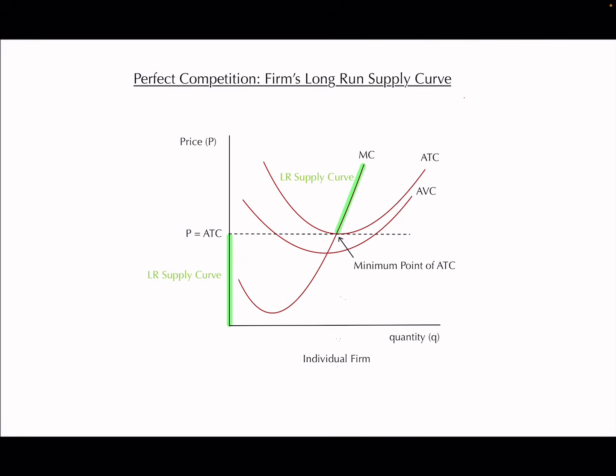We also know that profit is equal to total revenue minus total cost. The formula to find profit is price minus average total cost, all times quantity. Thus, if profit is 0, then price must equal average total cost.